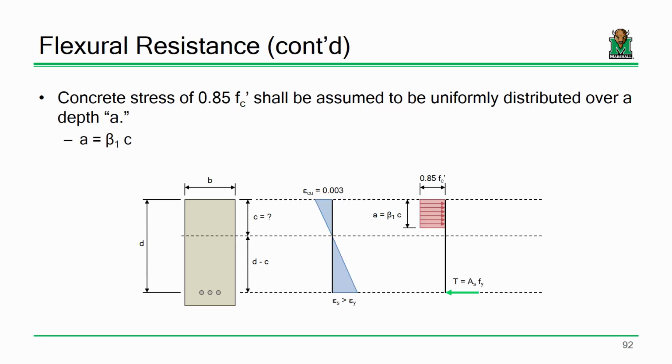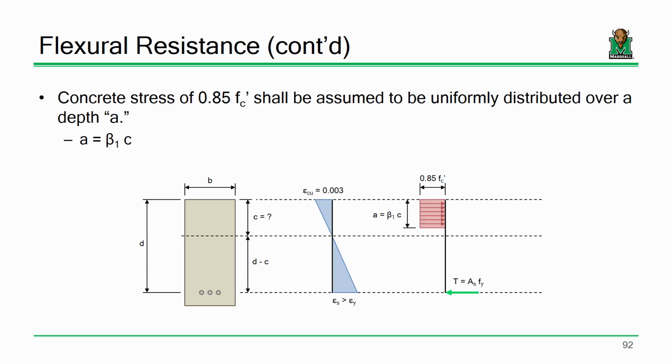That's the stress profile. The strain profile, how it deforms, is what we see here in the middle, in this blue component. The neutral axis has zero deformation. Above that, we have linear deformation in compression. Below that, linear deformation in tension.